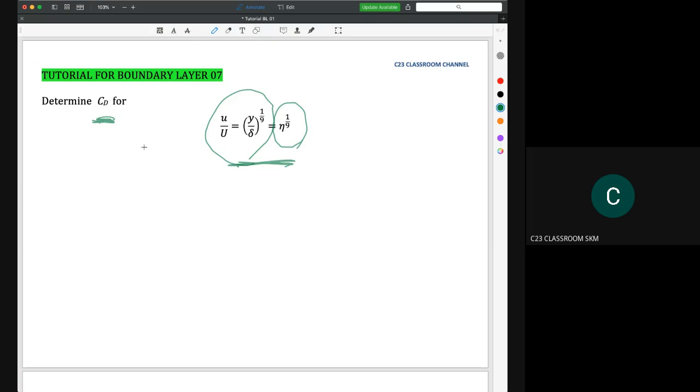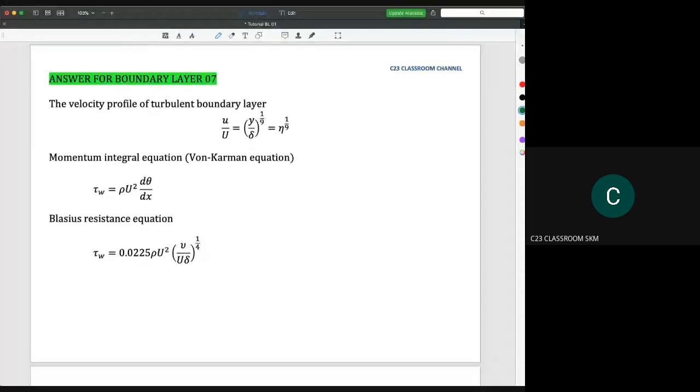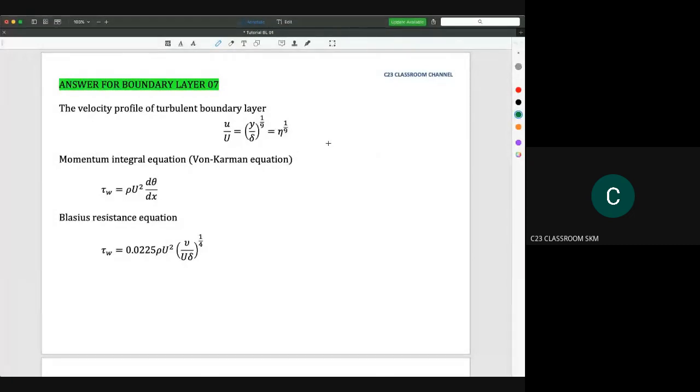If you have this velocity profile, first, I hope you could understand that from the velocity profile itself, you could know that the condition is a turbulent boundary layer, because this is the basic form of velocity profile for turbulent boundary layer.